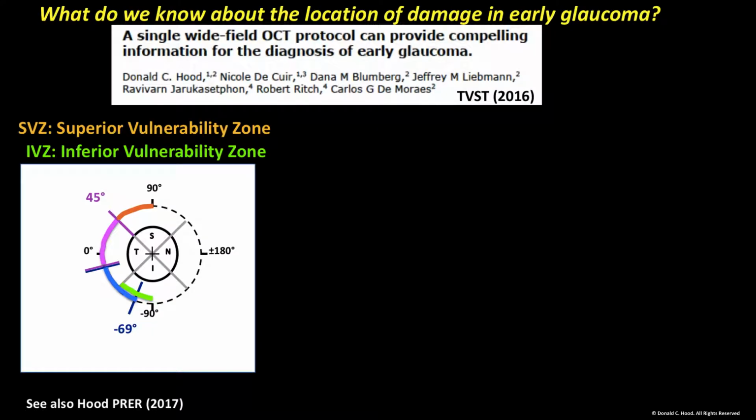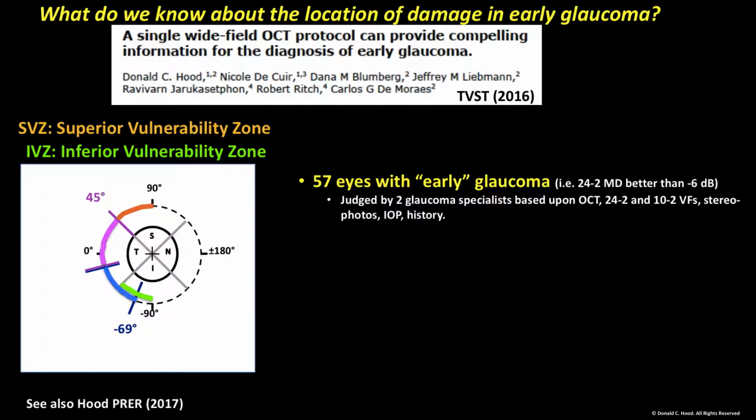Okay, what do we know about the location of damage in early glaucoma? Well, how common is it? So here's 57 eyes from that same study I described in Module 4. They all had early glaucoma, early being defined here not by how deep a defect might be near fixation, but simply based on the classic definition of the 24-2 mean deviation being better than -6 dB.